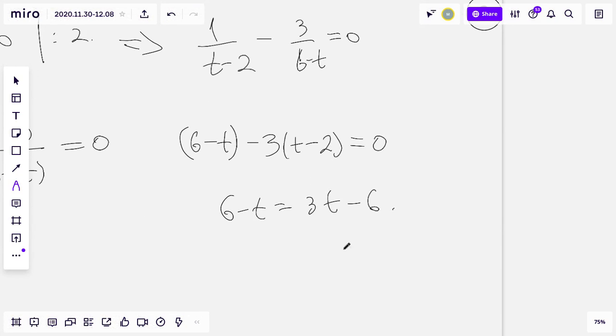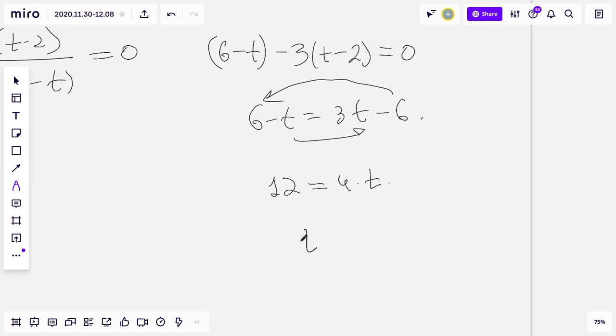Then we continue the solution of this linear equation. We transfer this term to the right side, this term to this side, and get 12 equals 4 multiplied by t, and we have t equals 3 seconds.